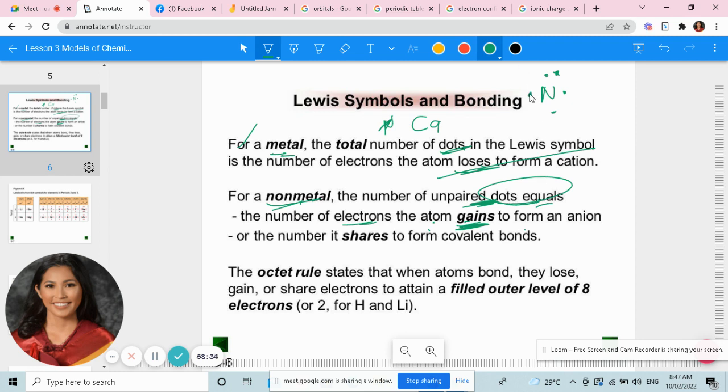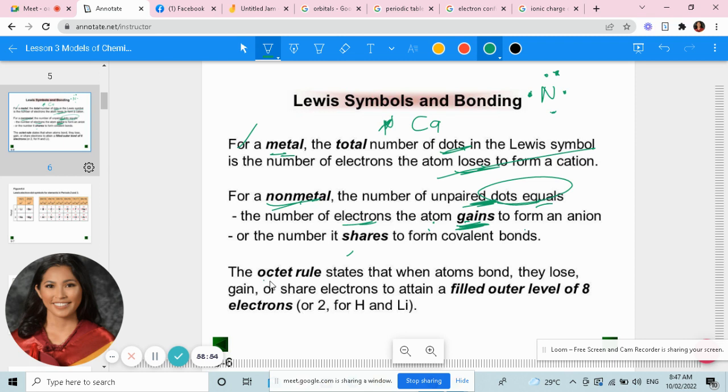If we count the dots, 1, 2, 3. So that is equal to the number shared to form a covalent bond, which means that if we have three dots, then these three electrons will be shared to another atom or to the same atom like N2.